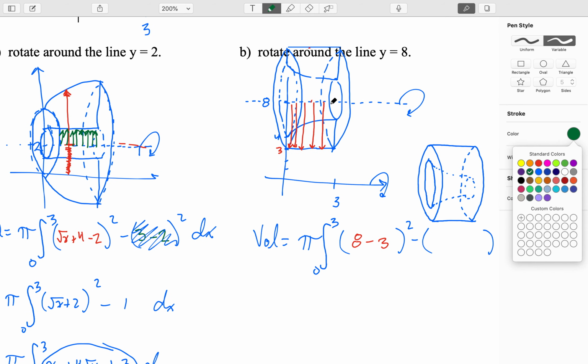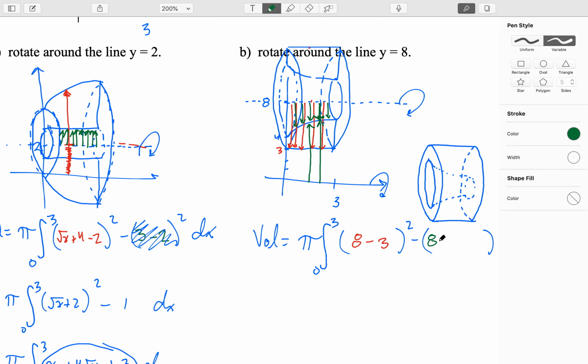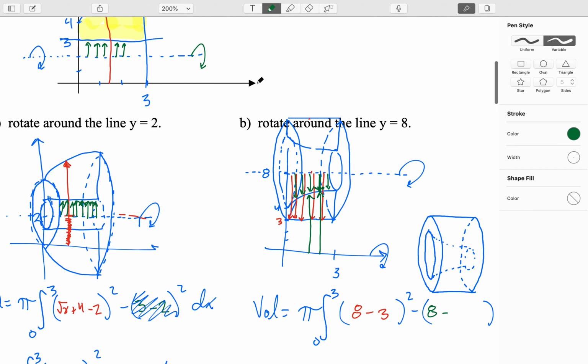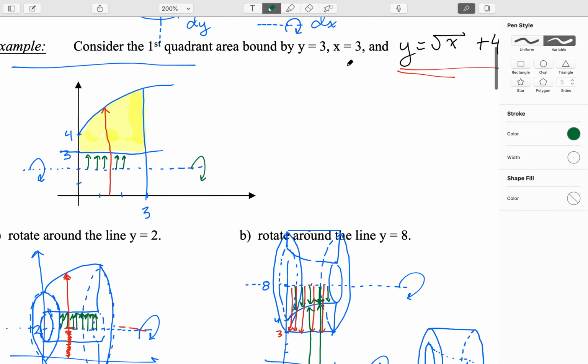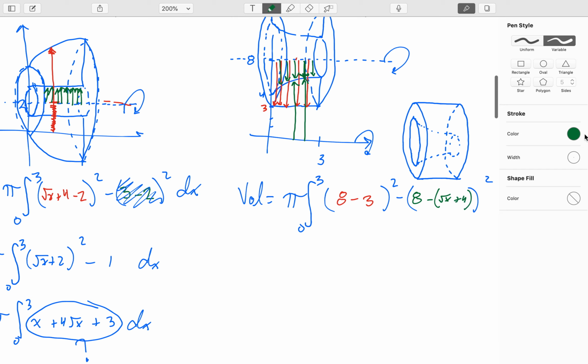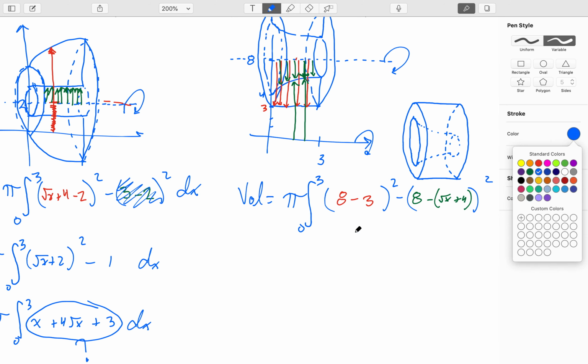So it's going to be the full distance all the way up to 8 minus this part, and that'll give me this left over. And that's what I want. So it's the full 8 minus the function. And the function was the square root of x plus 4. So that's what this is going to turn out to be.